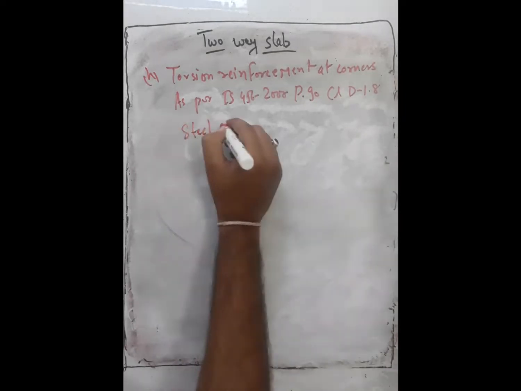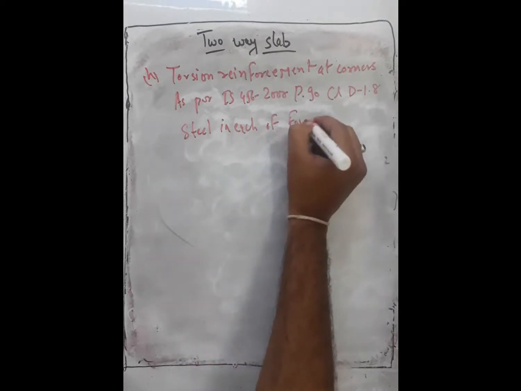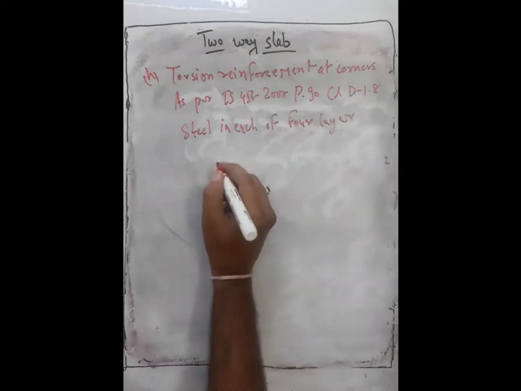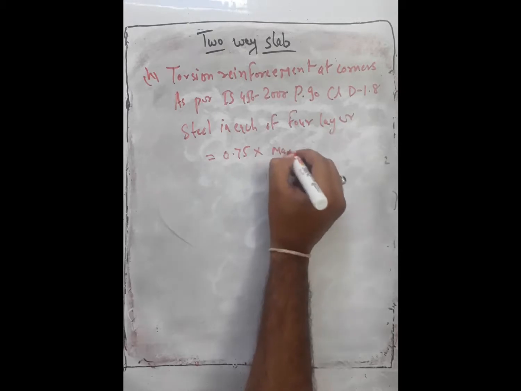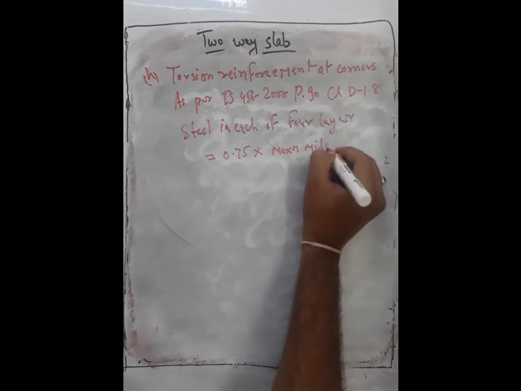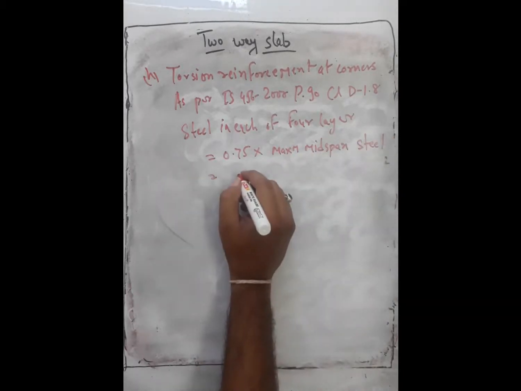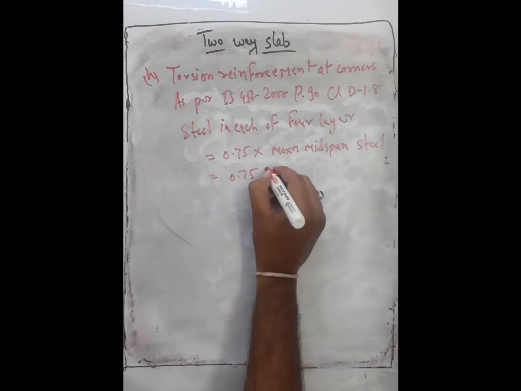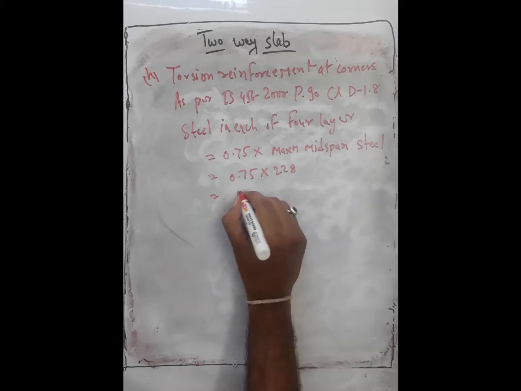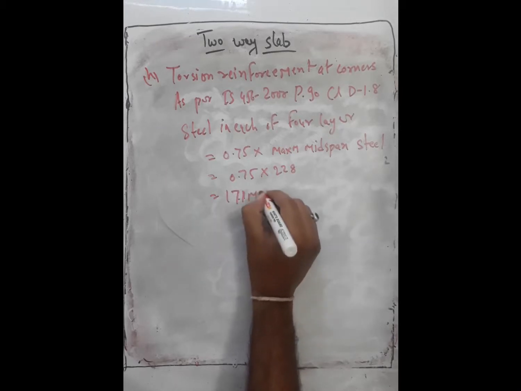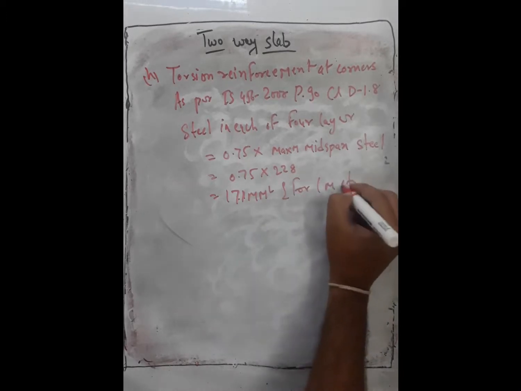steel in each of 4 layers, we have taken 0.75%. So 0.75 of maximum mid span steel. So maximum mid span steel is 228, so 0.75 into 228, here we get 171 mm square, and this is for 1 meter strip, 1 meter width.